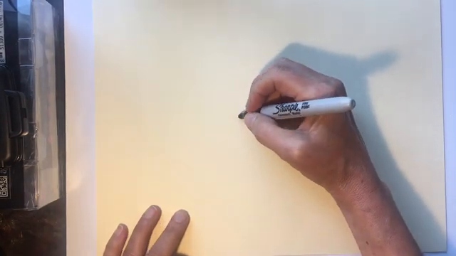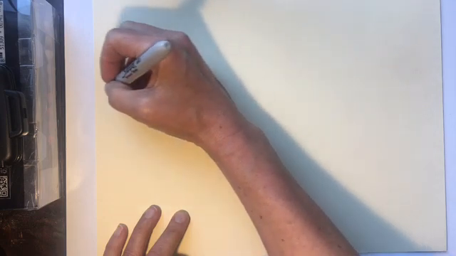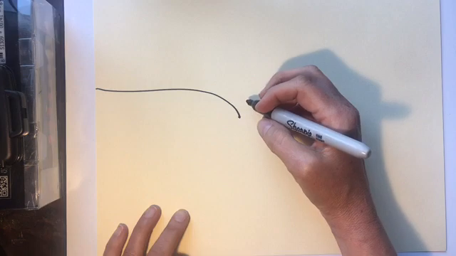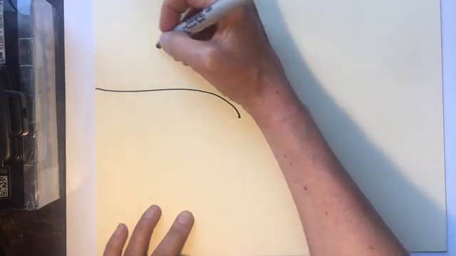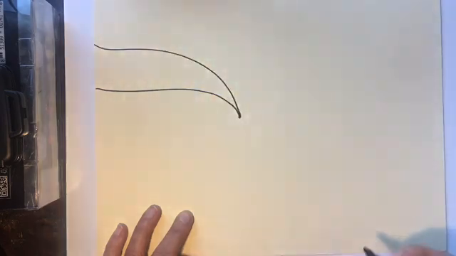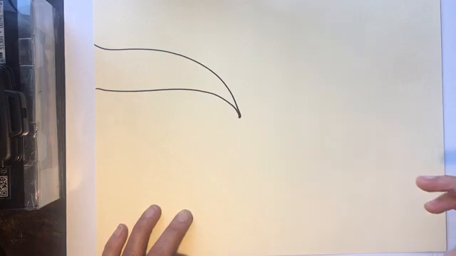So we'll curve it up and over. Okay? And then we're going to make the eyebrow part that's going to go up. So we're going to come up. Okay? So we have a nice eyebrow just to start.